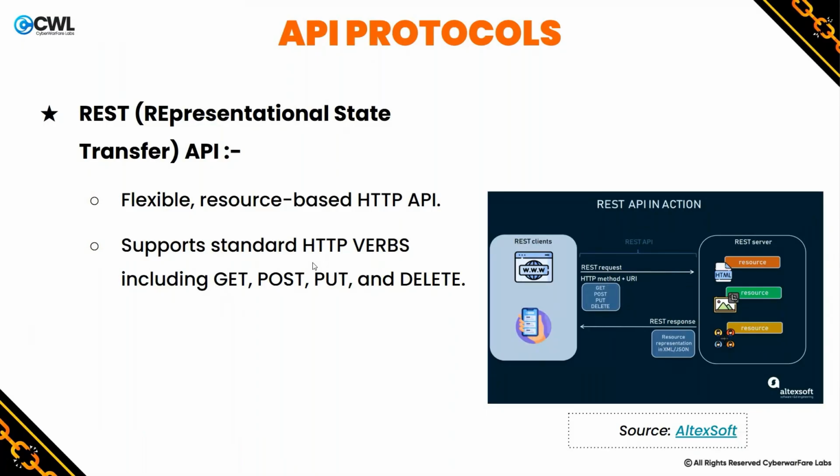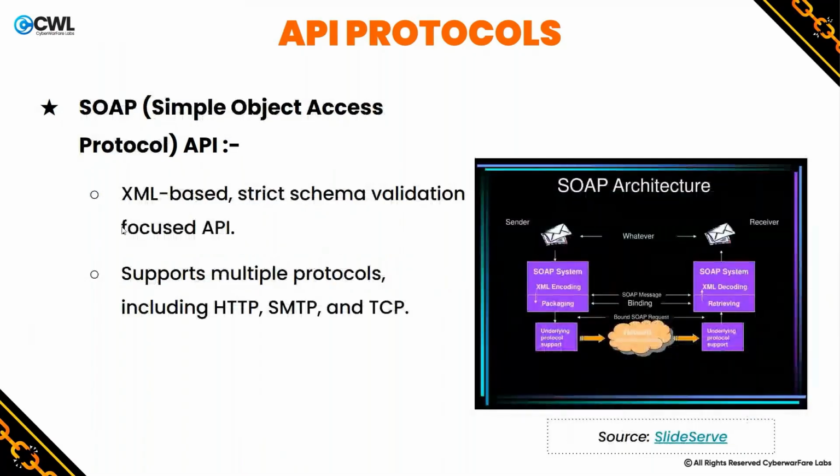You can use application/yaml, application/html, or whatnot, or even XML. However, SOAP is XML based, and one very interesting thing is that it has very strict schema validation. So whatever schema we are setting, it should match exactly. And again, it supports multiple protocols as compared to REST, which supports mostly only HTTP, while this supports HTTP, SMTP, and TCP.